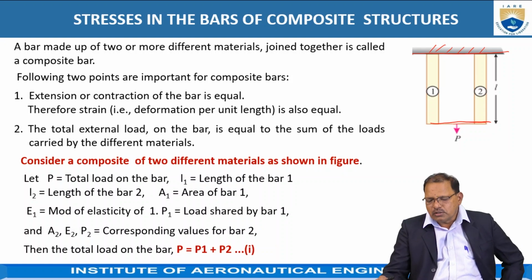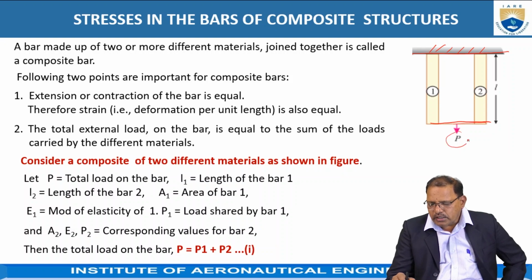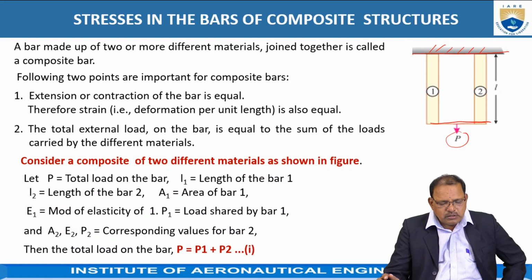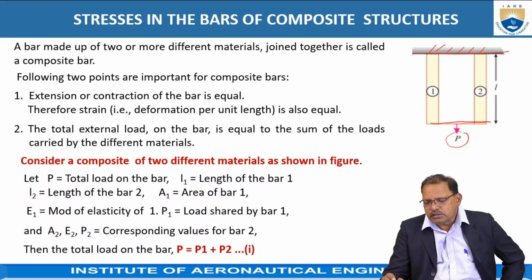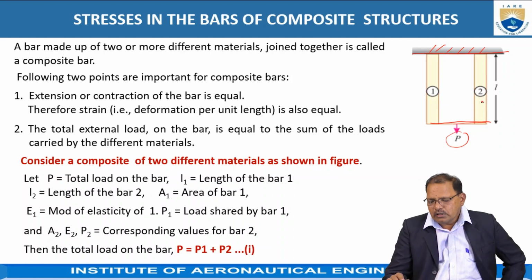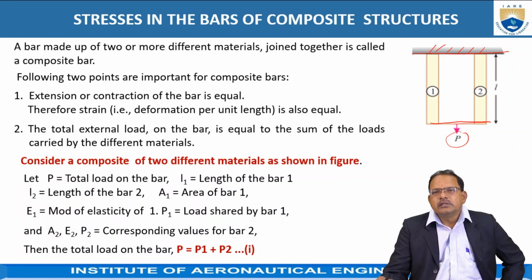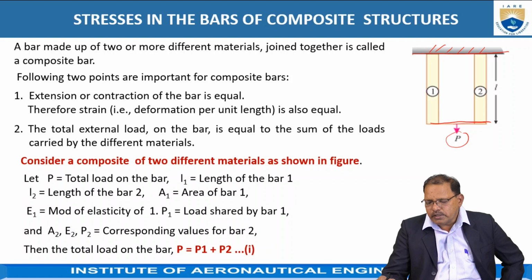The total external load P acting on it is shared by the two bars 1 and 2, as shown in the figure. If P1 and P2 represent the load shared by the two bars, then the total load is equal to the sum of the load shared by each bar.